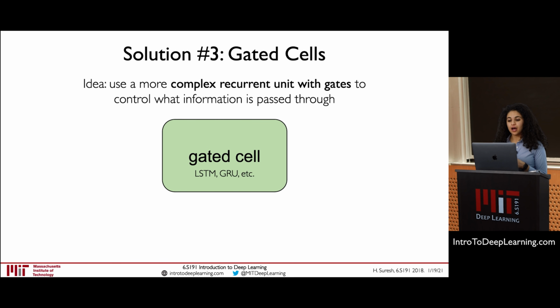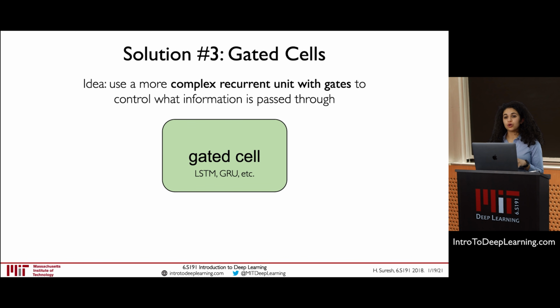Our final solution, and the one that we're going to spend the most time discussing, and it's also the most robust, is to introduce and to use a sort of more complex recurrent unit that can more effectively track long-term dependencies in the data by, intuitively, you can think of it as controlling what information is passed through and what information is used to update the actual cell state.